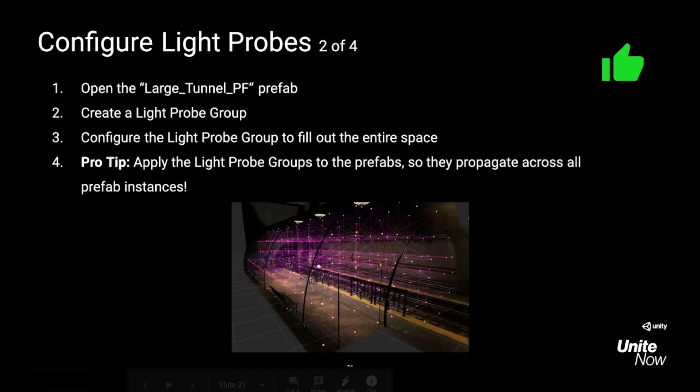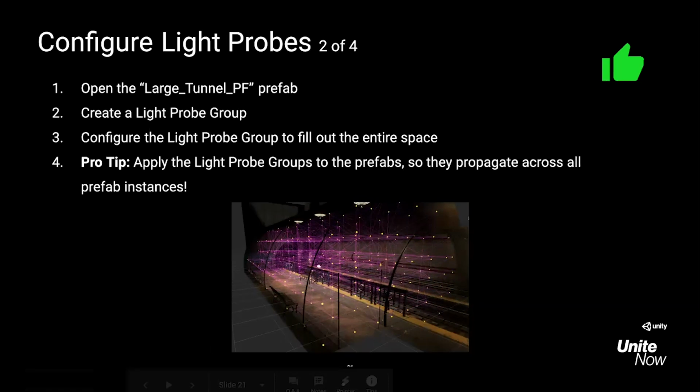So you can just add the proxy volume to any large object that you would like to pick up light probe information, and then it will apply more accurate lighting across that entire object.